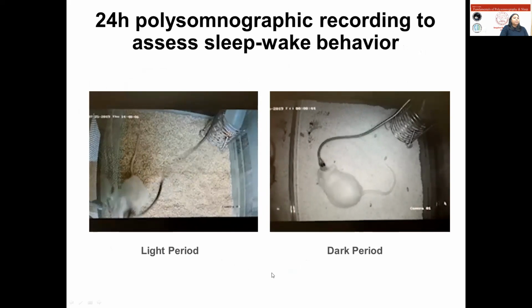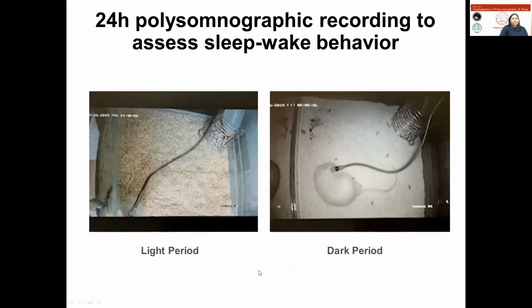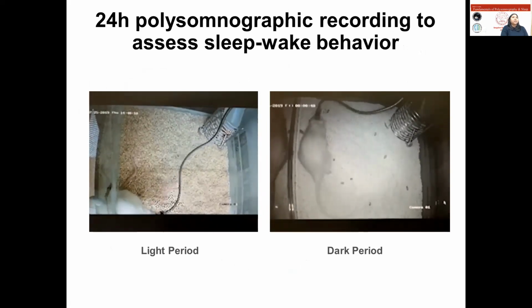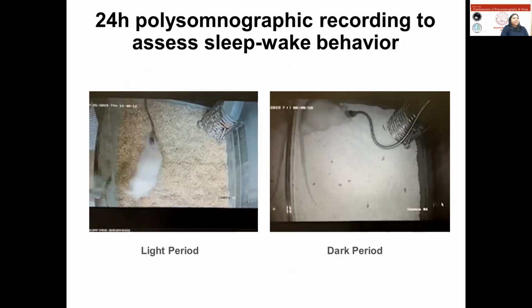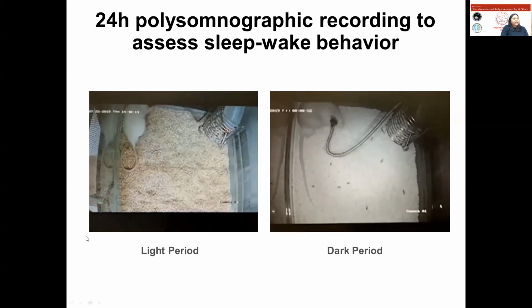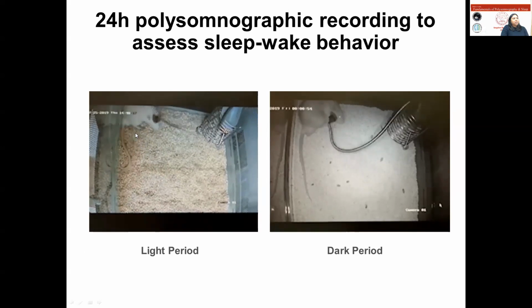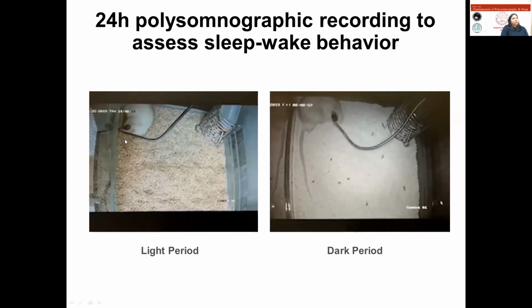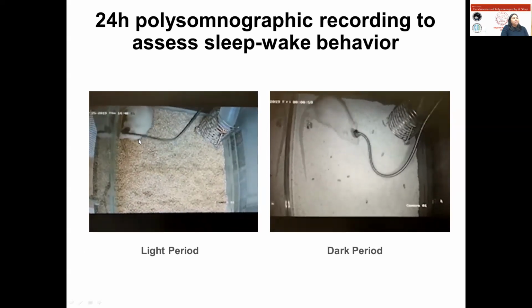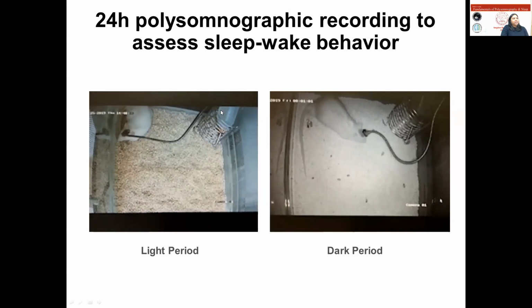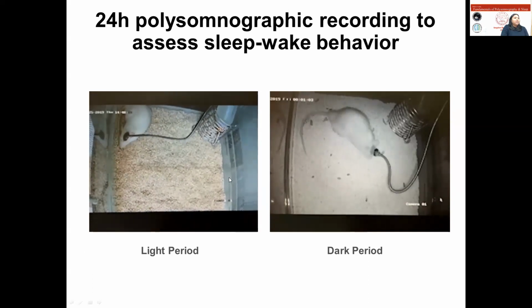EMG is implanted in the nuchal muscles, and EOG is implanted in the external canthal muscle around the eye. We give about 7 to 10 days for post-surgical recovery. Once the animal has recovered, we connect the animal to the system with a flexible wire, which is connected to the implant, and the other end is connected to the amplifier.